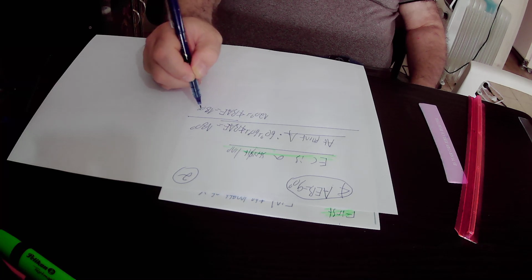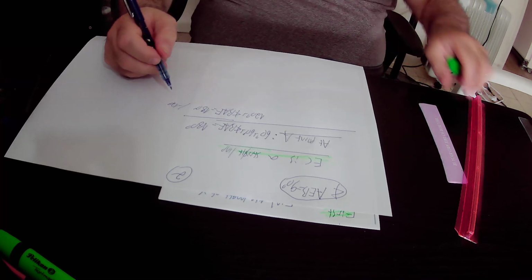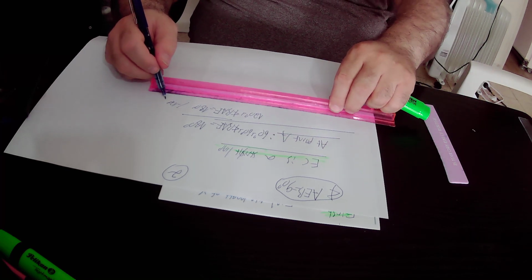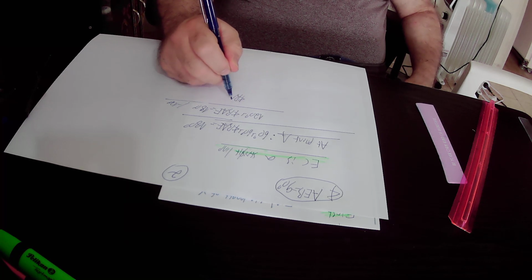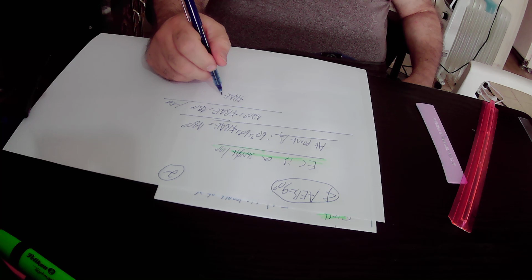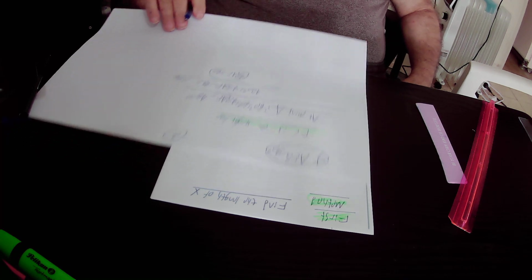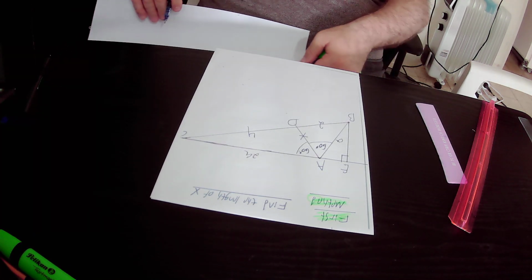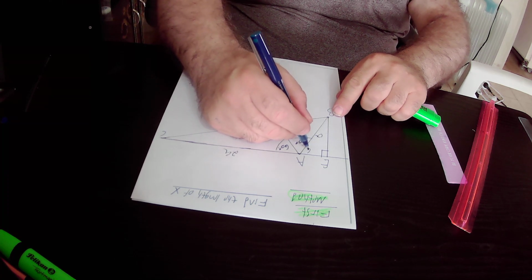Here we subtract 120 degrees, and we get that the missing angle BAE is equal to 180 degrees minus 120 degrees, which is 60 degrees. So we found out that the missing angle, angle EAB, equals 60 degrees.